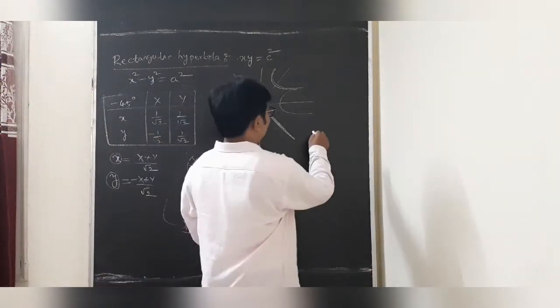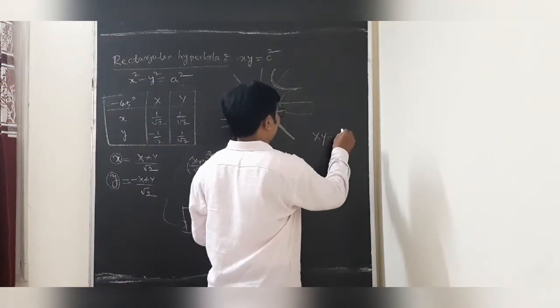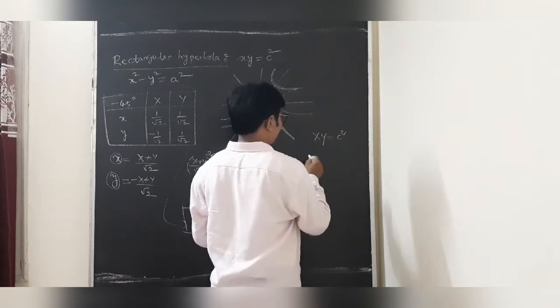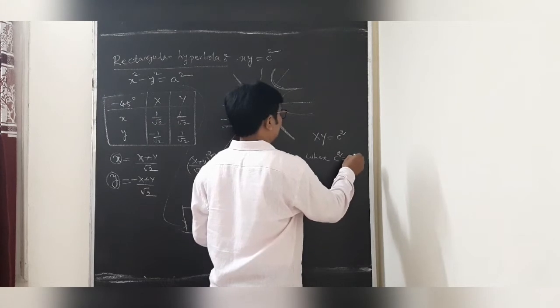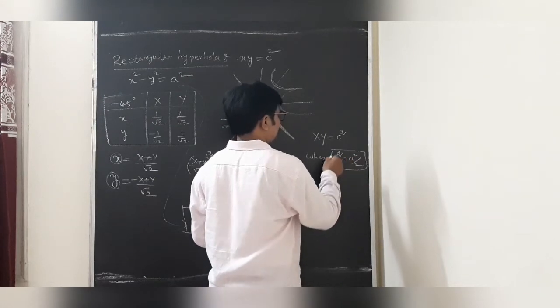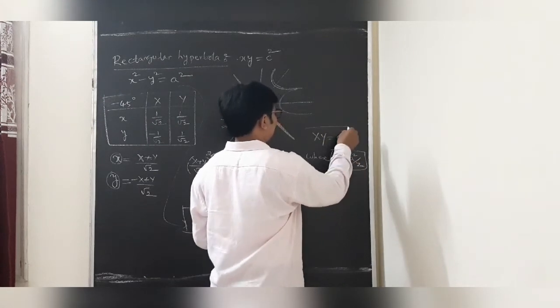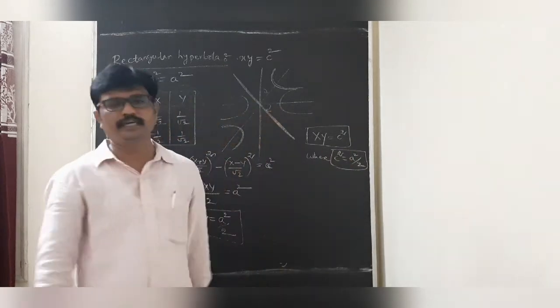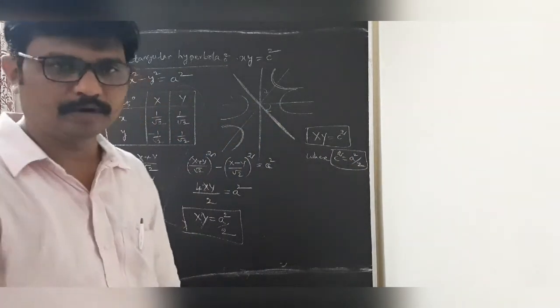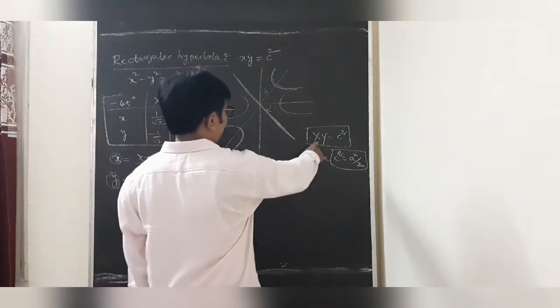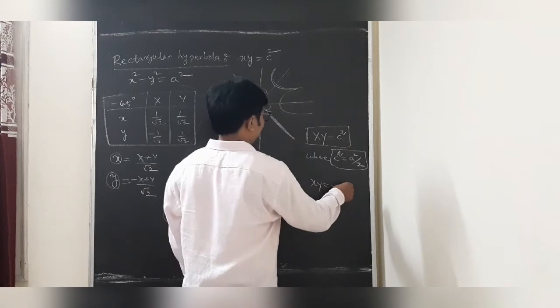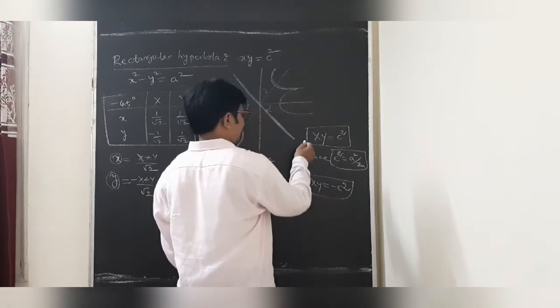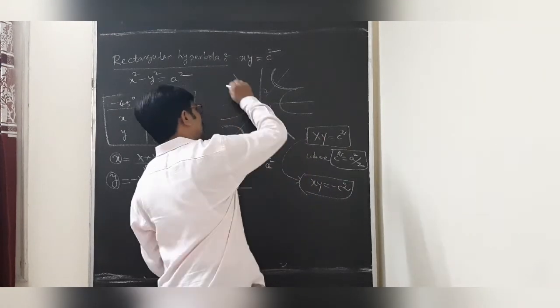We take xy equal to c square, where c square equals a square by 2. This is called the rectangular hyperbola. The conjugate rectangular hyperbola of xy equal to c square is xy equal to minus c square.